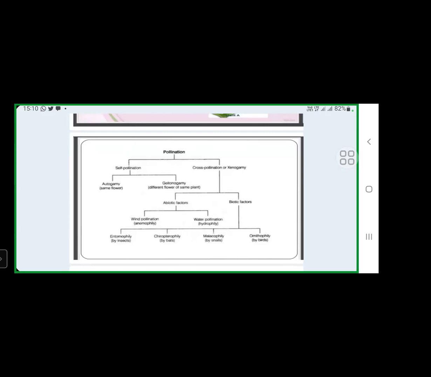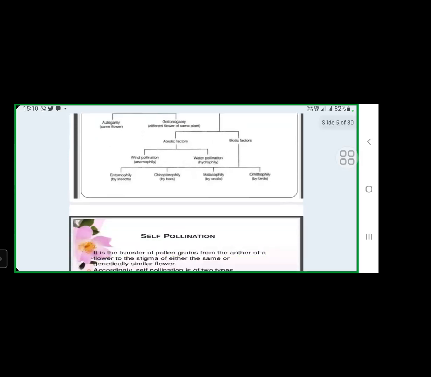Cross-pollination involves abiotic factors and biotic factors. Abiotic factors are anemophily and hydrophily. Biotic factors are pollination by insects, bats, snakes, or birds: entomophily, chiropterophily, melacophily, and ornithophily.